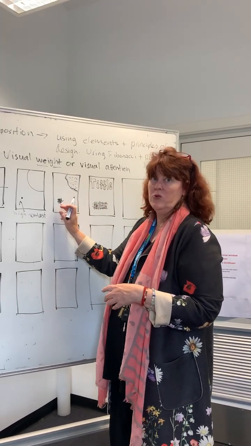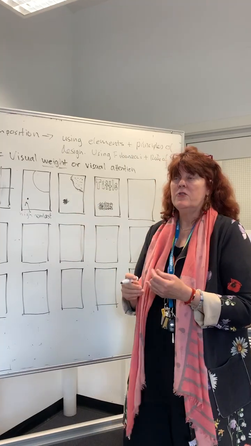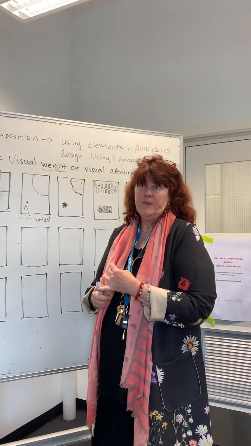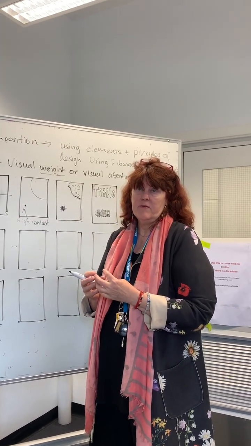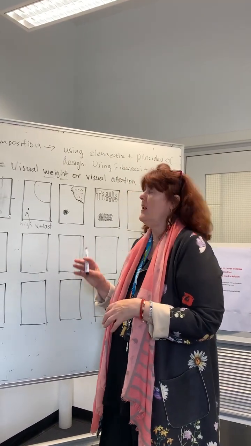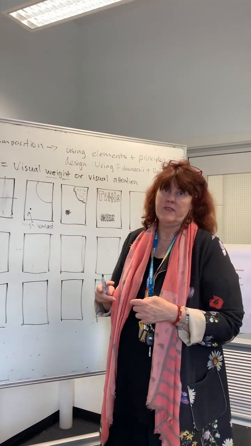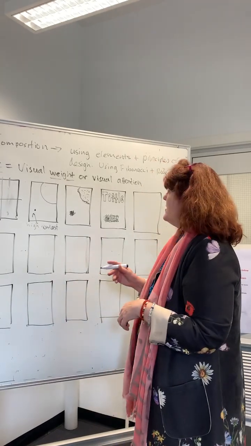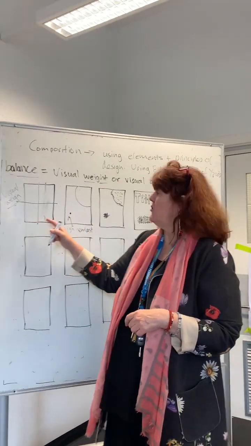So that's quite small, but it's pulling your attention. So I think high contrast, small objects, or small pieces of type, can really balance out larger, less contrasting pieces of type. So it means you can move away.